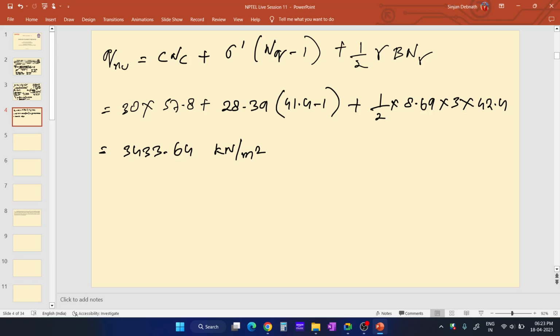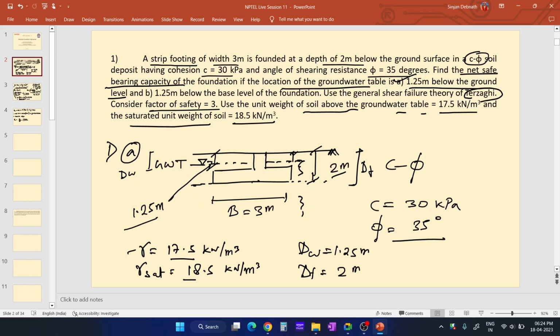Now if you apply a factor of safety on this qnu value, you will get the value of qns, that is the net safe bearing capacity. So qns equals qnu divided by factor of safety. qnu is 3433.64. The factor of safety is given in the question, it is 3.